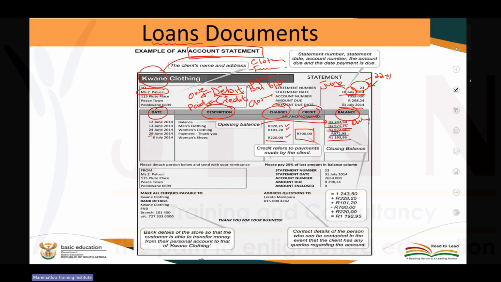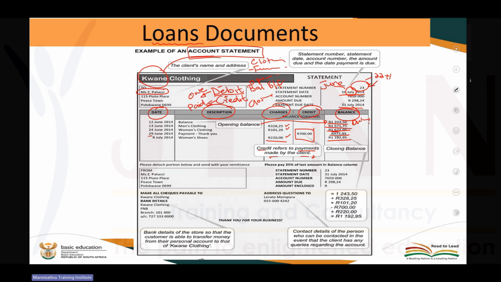Just analyze it. But what is important is to know which is which. I've already spoken about it, that credit refers to payments made by the client, and it gives you plus because they will subtract it. It means something positive. It will take your balance down. And the closing balance is the last amount before the end of the statement.